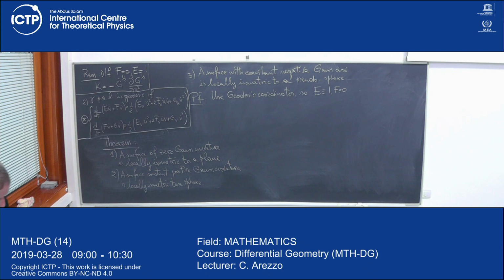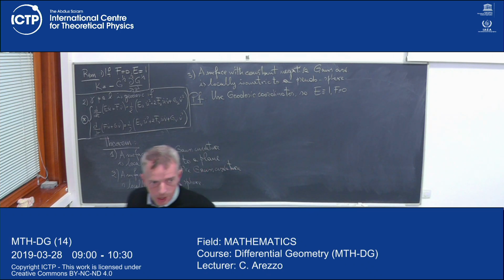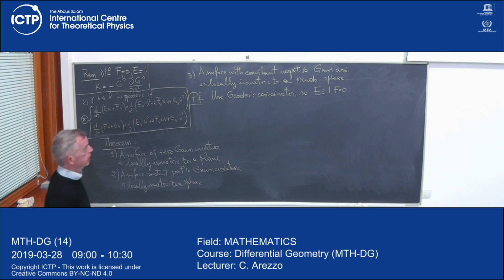Really everything boils down to the famous function g. In fact, I stated the proposition before: in geodesic coordinates E is equal to 1, F equal to 0. But we actually know something about g. G, of course, cannot be fixed, but we know something.